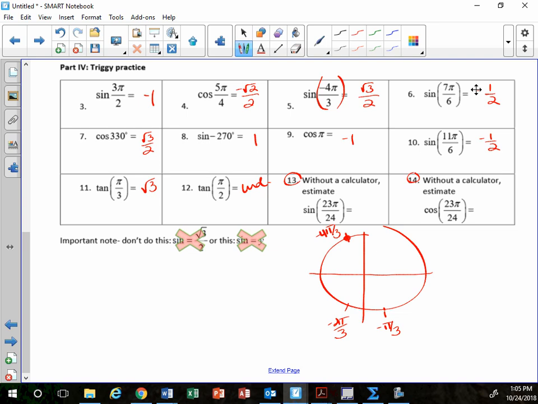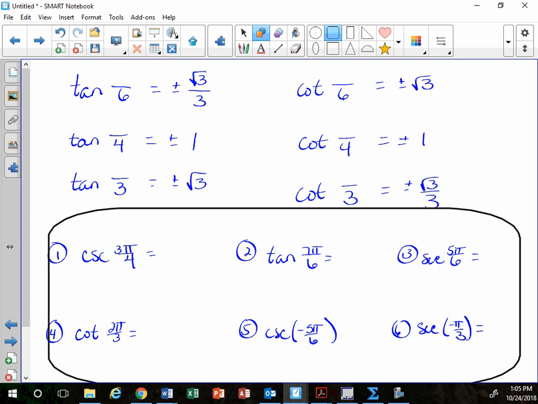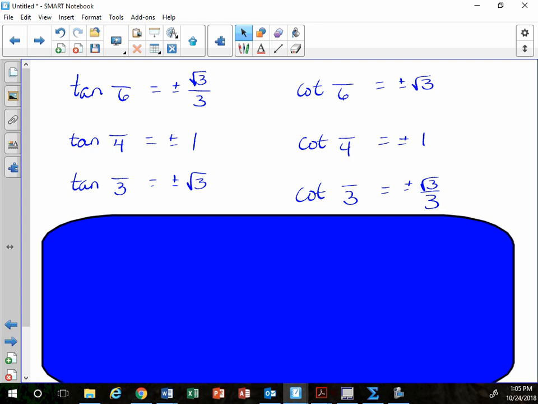Alright, a couple of things that will help you here. I don't know if you guys were noticing, you didn't have that many tangents to do on there. But you're going to be dividing the same values over and over and over.